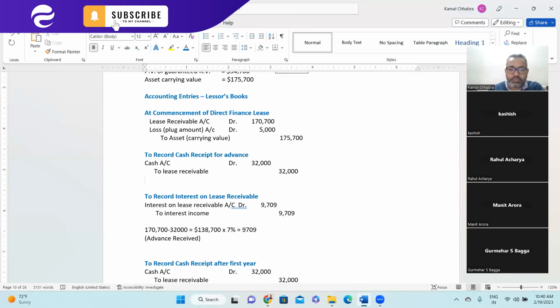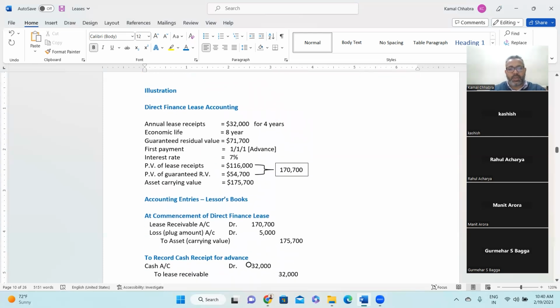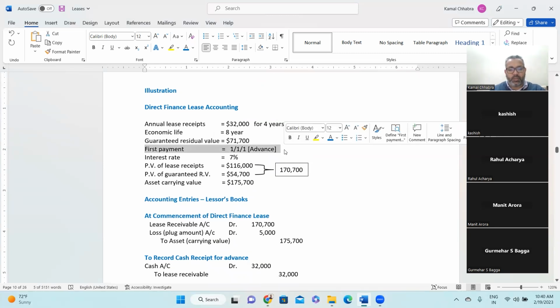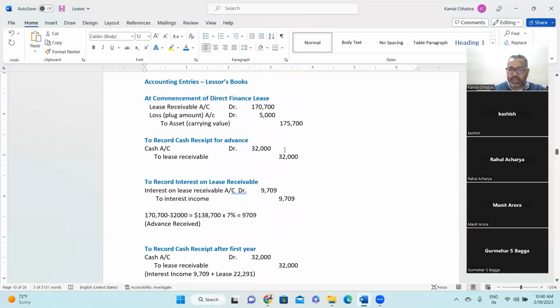So again, the advance payment would be 32,000. Yes, advance, like they have already mentioned here. So the first payment is advance. So first you will do the receivable booking, and then you'll be reducing the cash collected from the receivable. Then you will reach this amount, 170,700 minus 32,000, right?